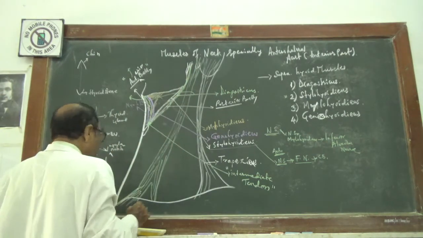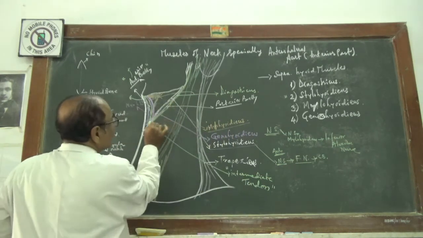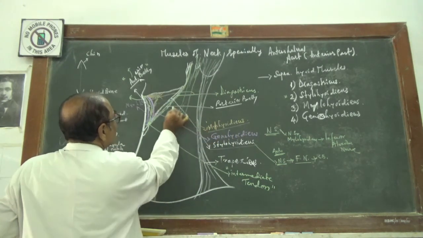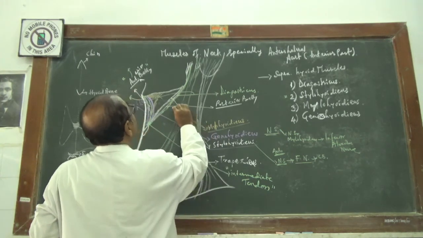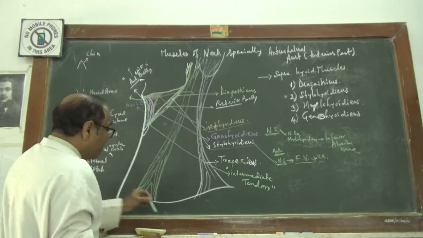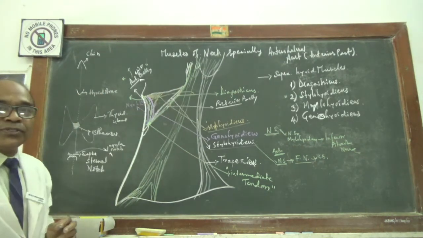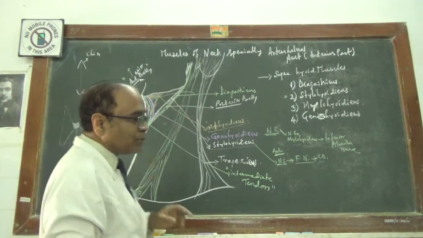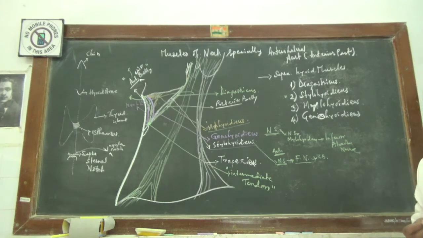Then you will have the mylohyoideus. Now this mylohyoideus is a muscle in the suprahyoid series. This muscle takes origin from the inner surface of the body of the mandible on the mylohyoid line.